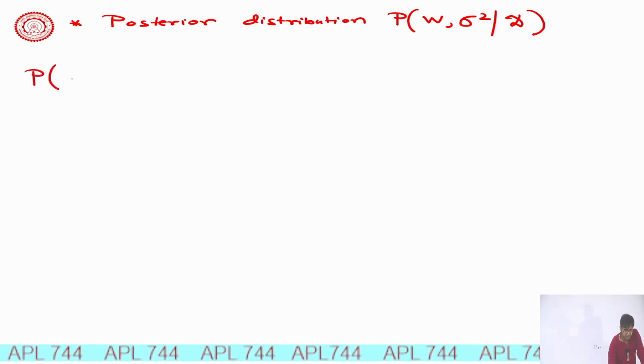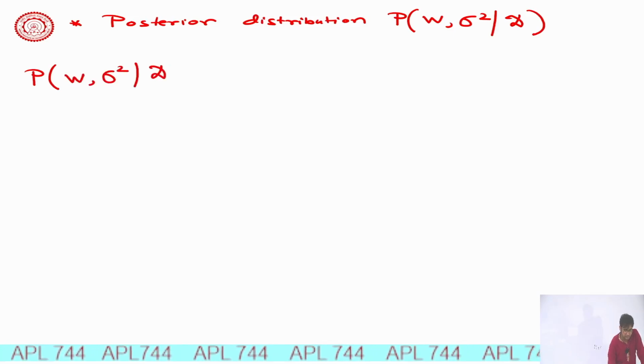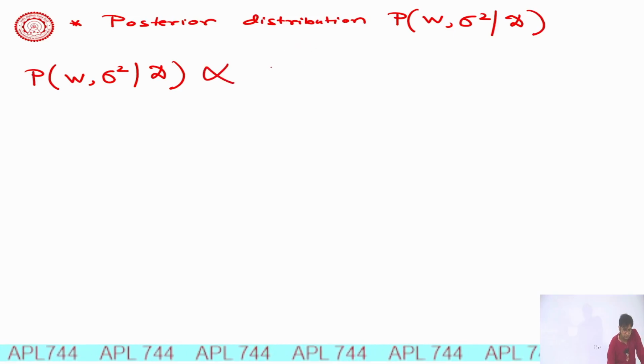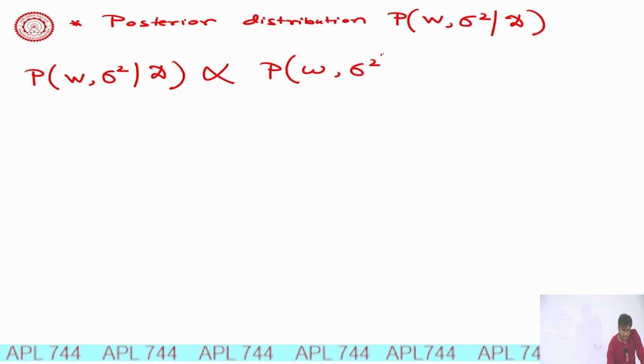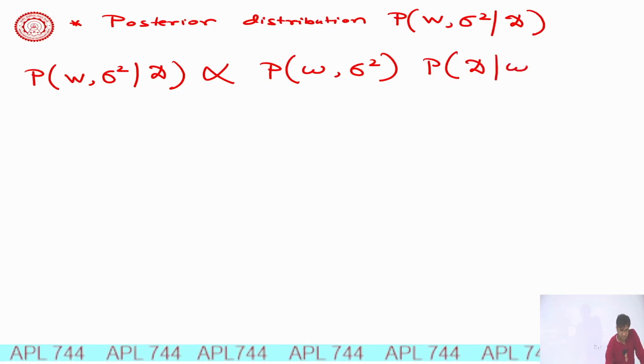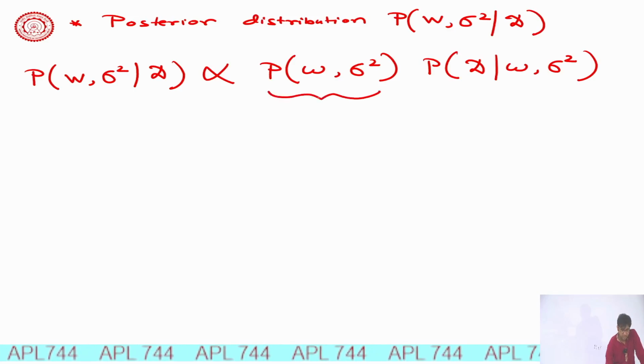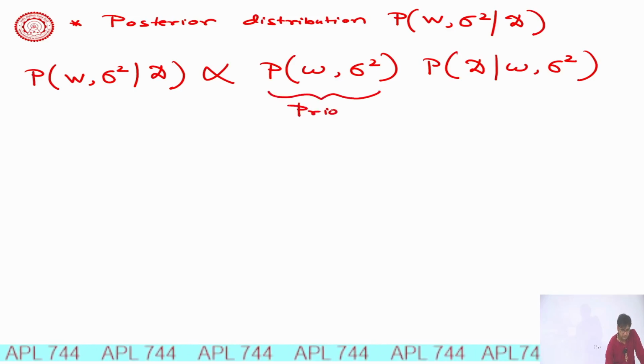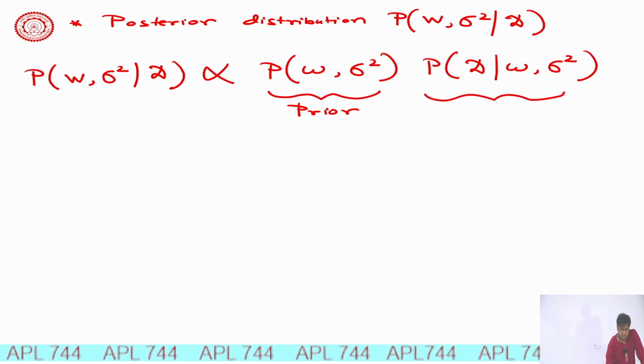So using Bayes law, the probability of W comma sigma square given data is proportional to the probability of W comma sigma square, which is my prior, multiplied by the probability of data given W comma sigma square, which is my data likelihood.